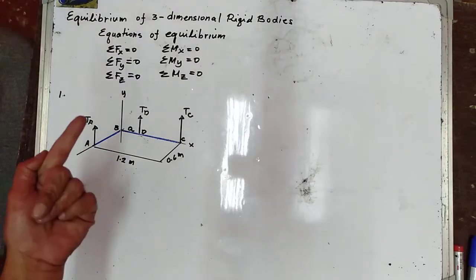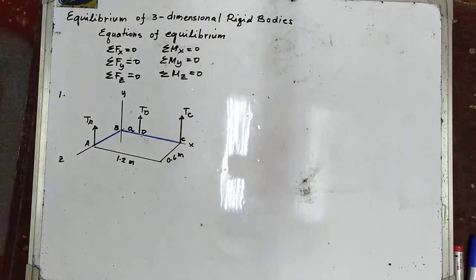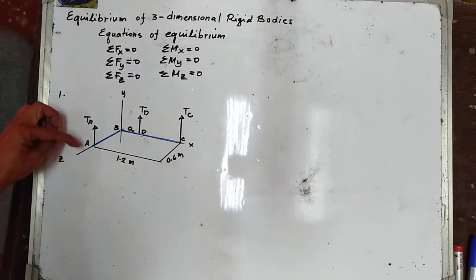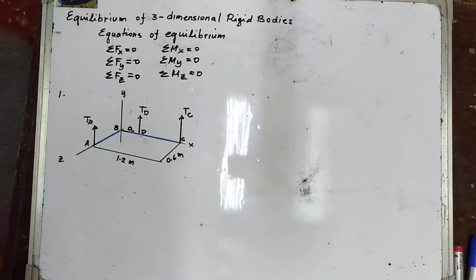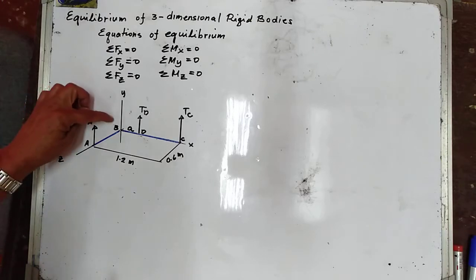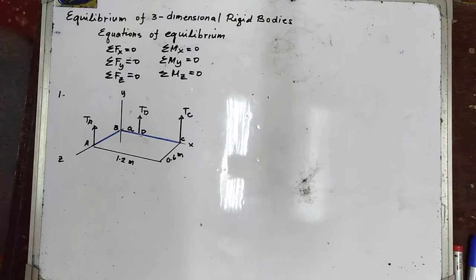So let us try to illustrate this with the first example. The first example here is two steel pipes AB and BC, each having a mass per unit length of 8 kilograms per meter, welded together at point B and supported by 3 wires.